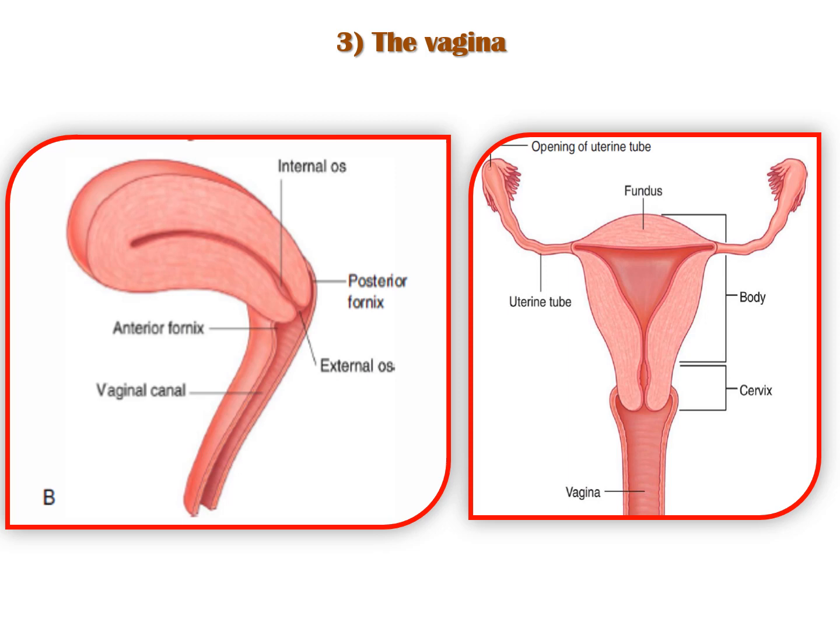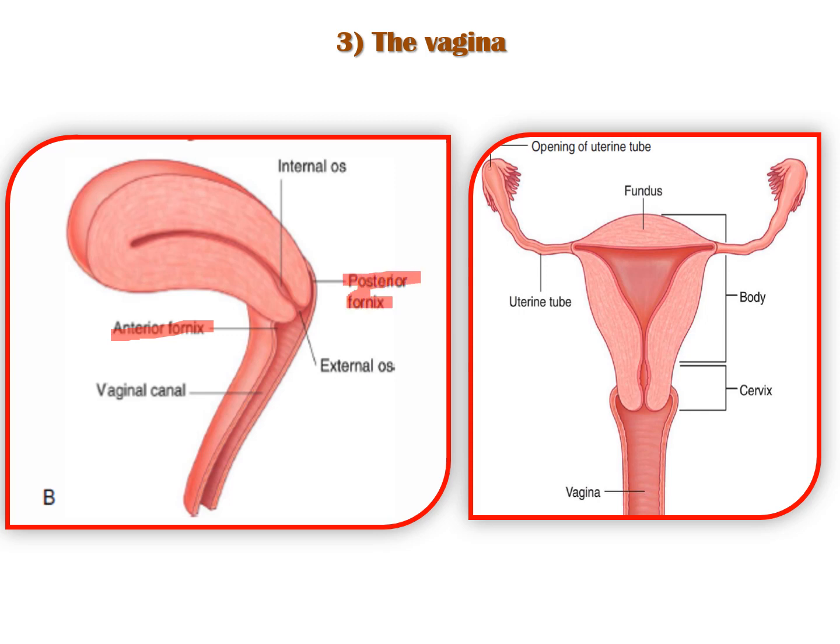So by this relation between the cervix of the uterus and the vagina, four spaces will be created, which are known as fornices. Fornices is plural, and the singular is fornix. So here we have the anterior fornix and the posterior fornix.